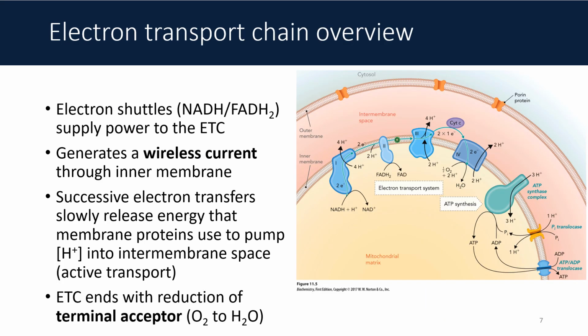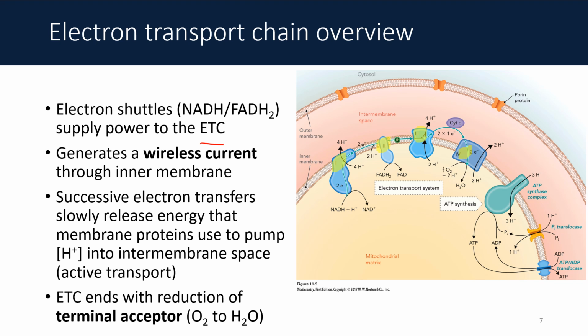The next question is, though, how does NADH and FADH2 generate this proton gradient through this electron transport chain, or ETC for short? And this is actually one of my favorite things about biochemistry. Within the inner mitochondrial membrane, there are embedded proteins that will accept the electrons stolen from glucose and contained within these energy carrier molecules.